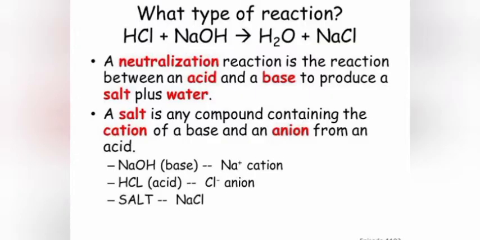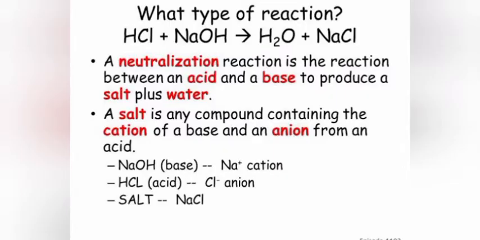So when HCl and sodium hydroxide react together, they must form salt and water. What will be the product formed? You are going to have NaCl plus H2O. That is sodium chloride, which is the common salt, the table salt that we use at home for cooking, and water will be formed.